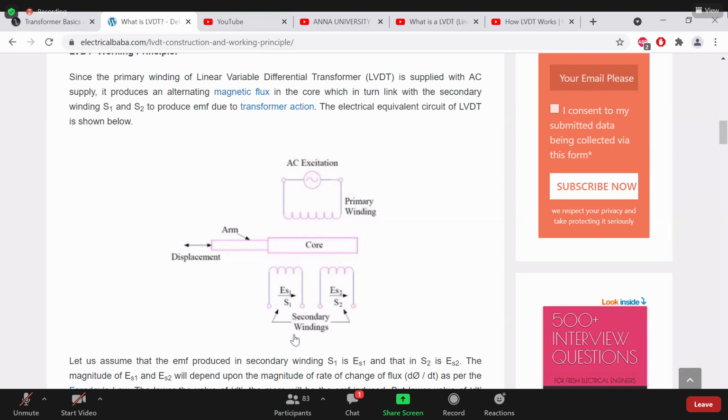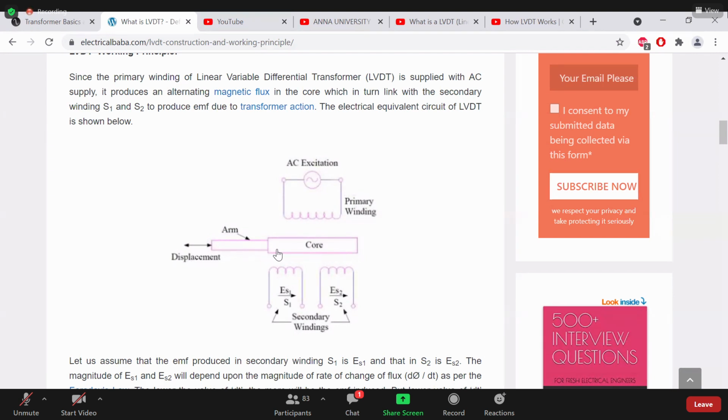If secondary 1 is producing positive voltage, secondary 2 will produce negative voltage. And I said this core is movable towards left and toward right.